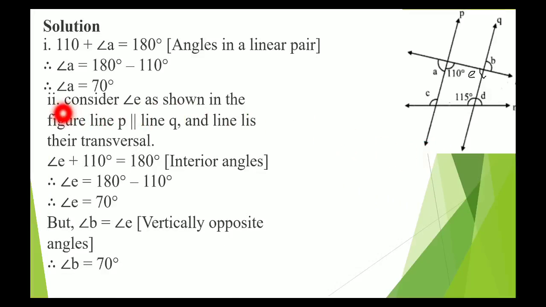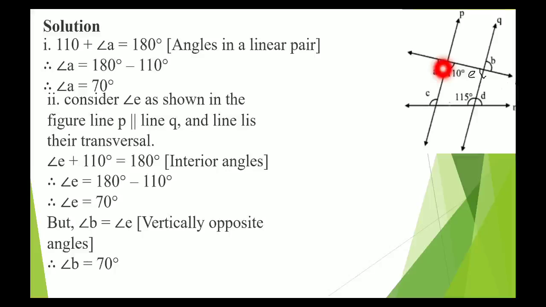Consider angle E as shown in the figure. Line P is parallel to line Q and line L is the transversal. Angle E plus 110 degrees is equal to 180 degrees.